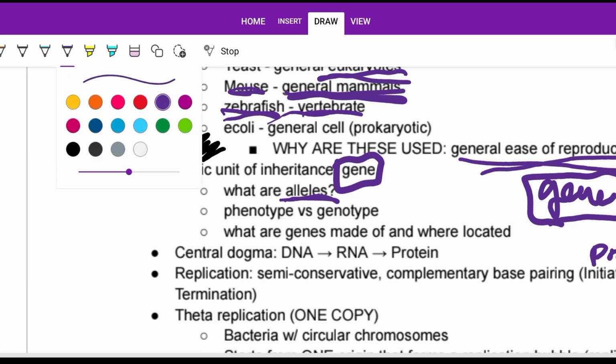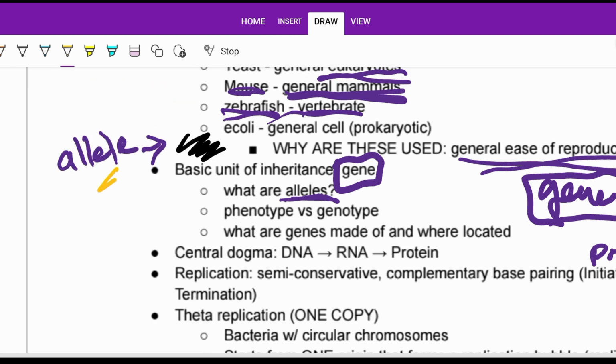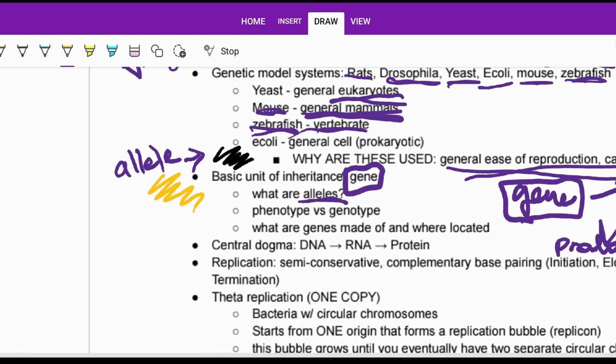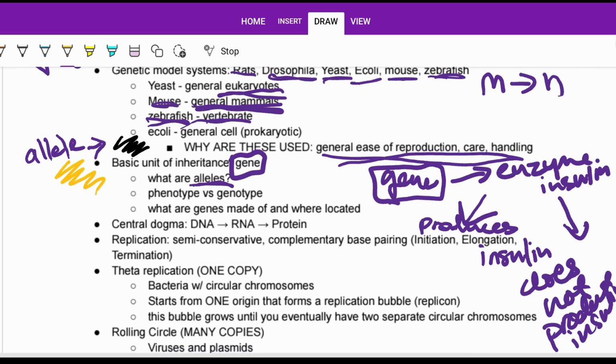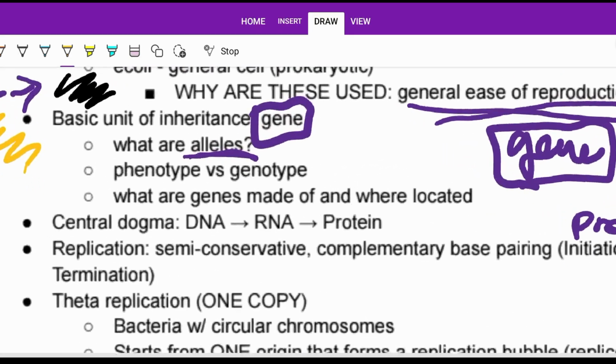And then another allele could be the lack of melanin. So that would turn into a yellow snake, and that would be albinism. So basically, an allele is a different variation of one gene, if that makes sense.